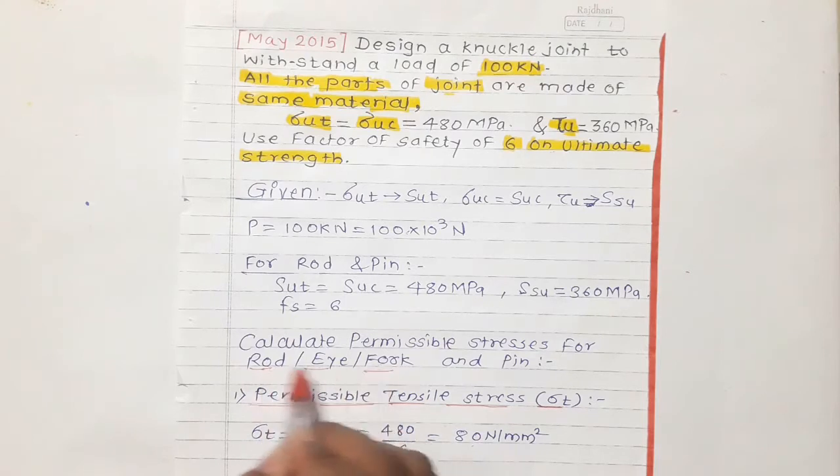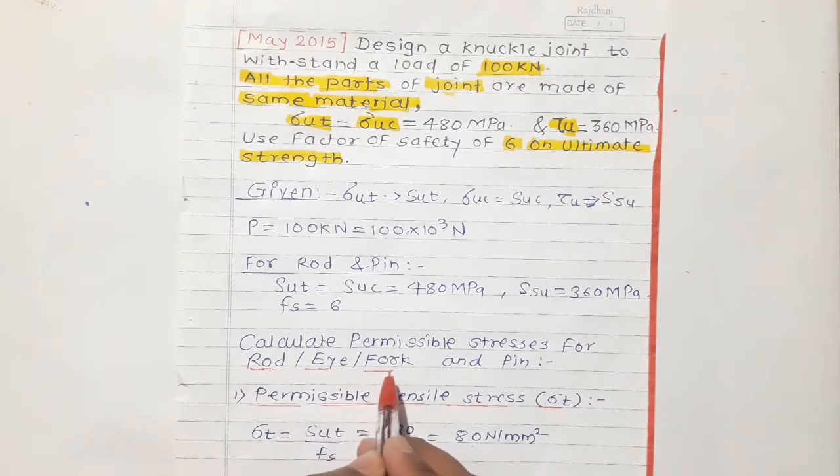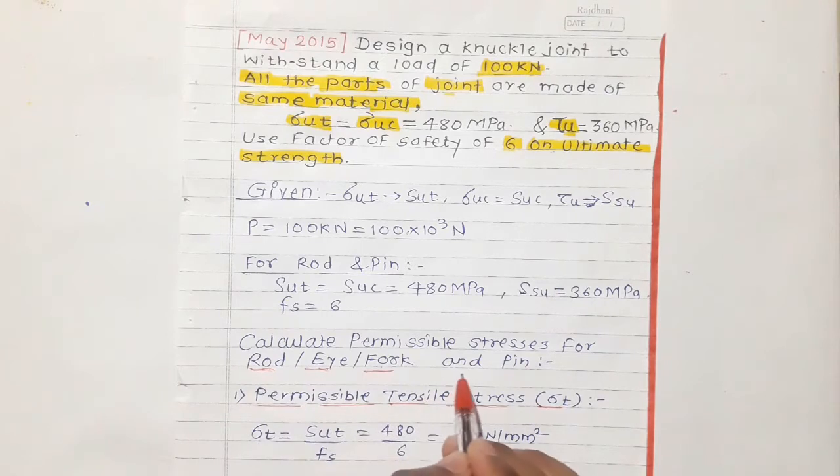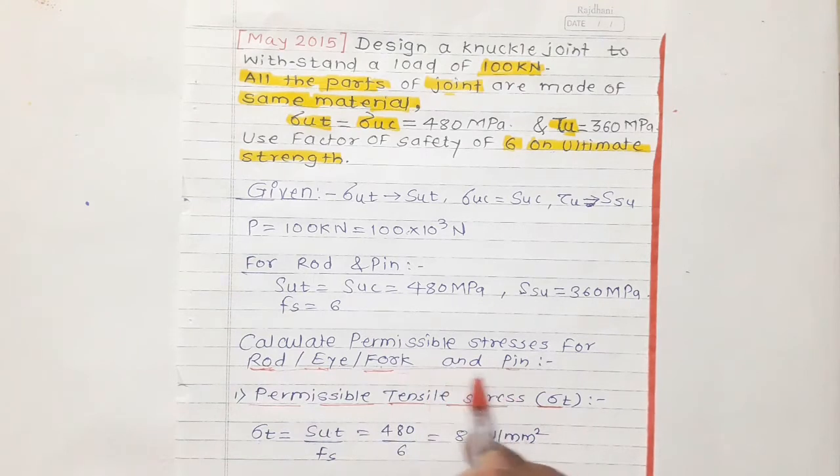Always the material properties for rod, eye and fork are same, and that's why permissible stresses for rod, eye and fork are always same. Then we have to find the permissible stresses for pin as well, but as the material of all the parts is same, permissible stresses for all these components of knuckle joint are same. So common permissible stresses we have to use for rod, eye, fork, and pin.